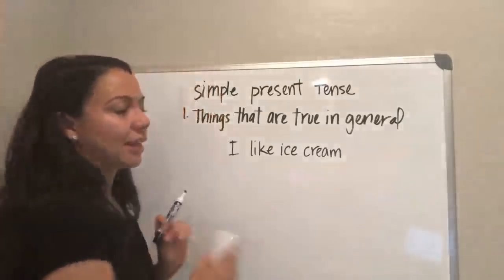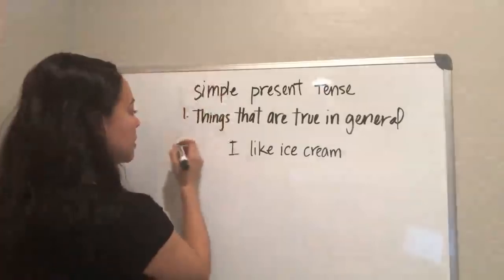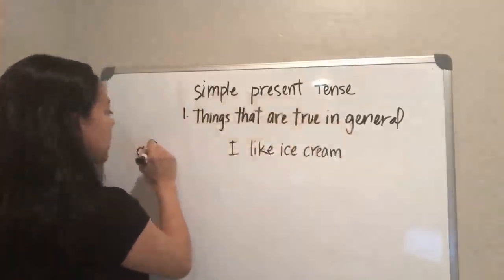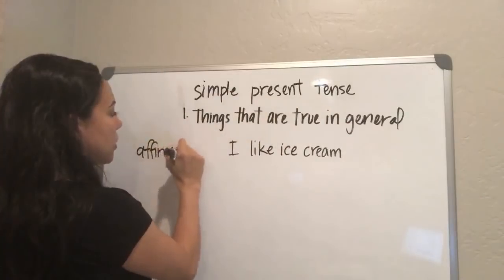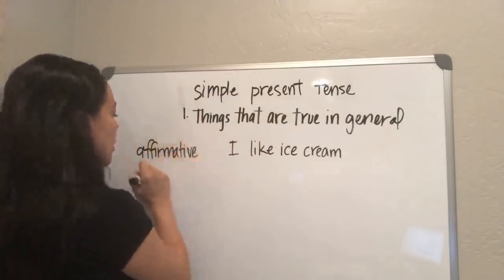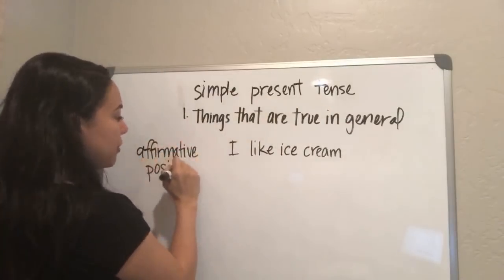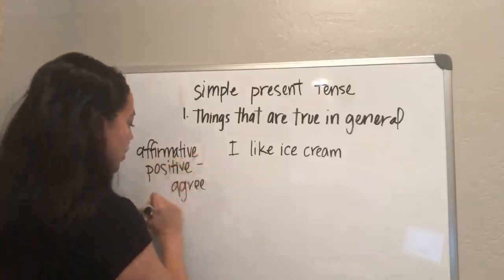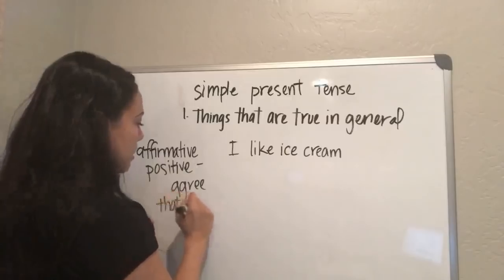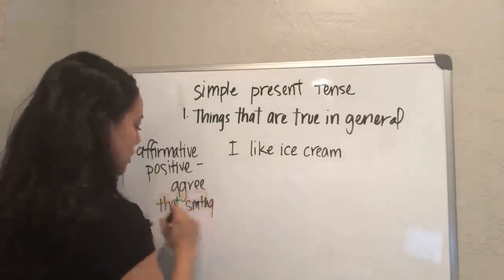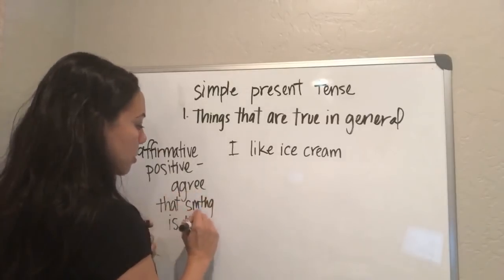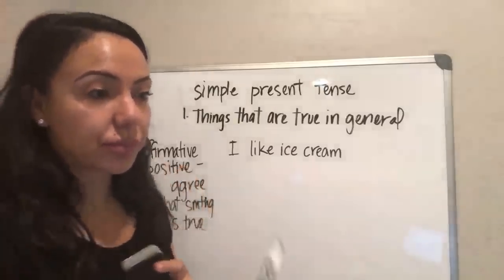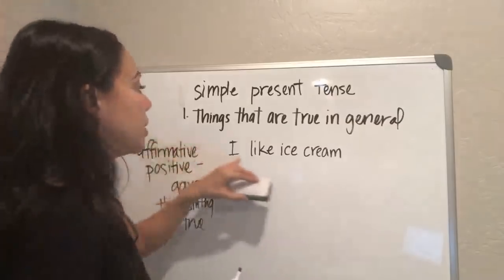So with this construction, when we use it in the affirmative, the affirmative is agreeing, or we also call it the positive. And this is when you agree that something is true, okay?